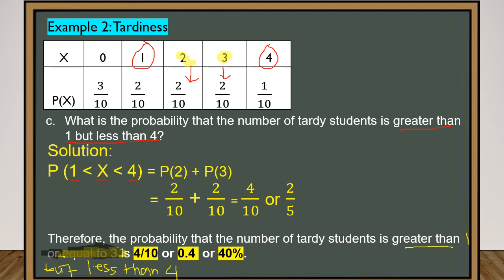When you divide 2 by 5, you will get 0.4, so the answer is 40%.